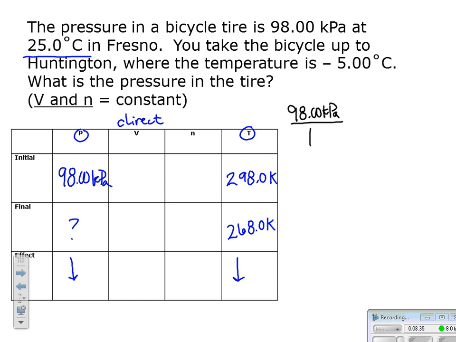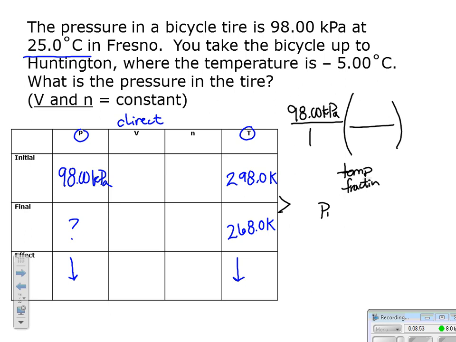and we're going to multiply that by a fraction of the temperature. So this is a temperature fraction, because that's the thing that's changing, right? In such a way that the pressure goes down. So we need a fraction that is less than 1.